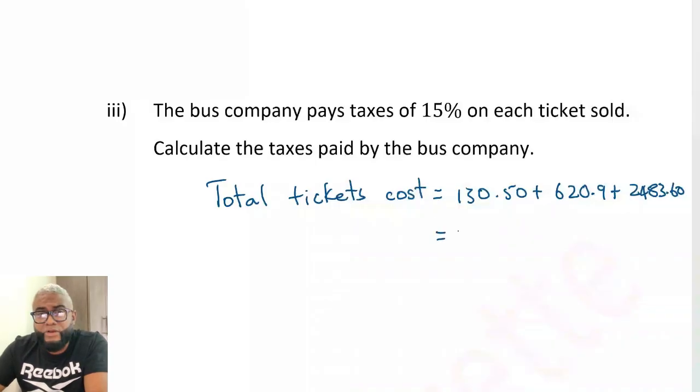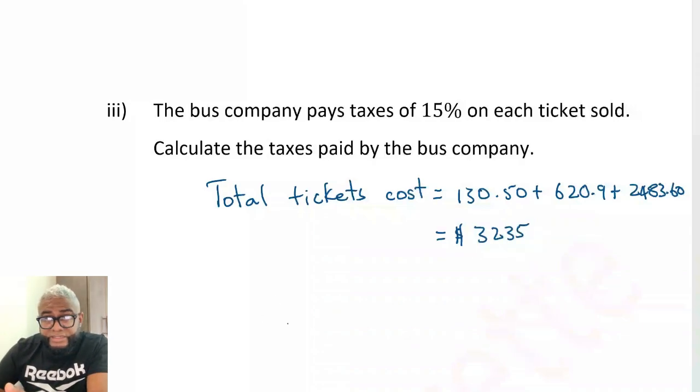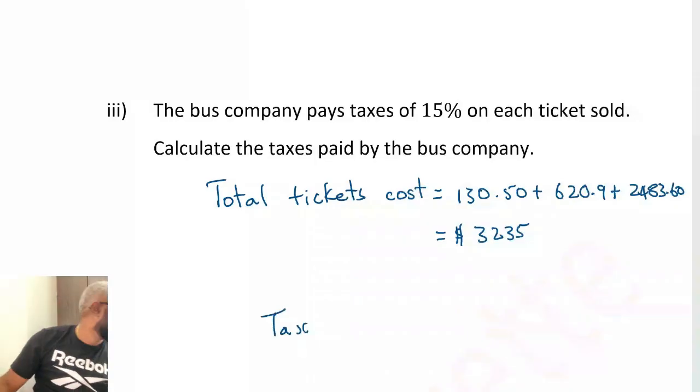When we add up all this, what will be the total cost? And it's 15% of this. So this is the tax that they have to pay.